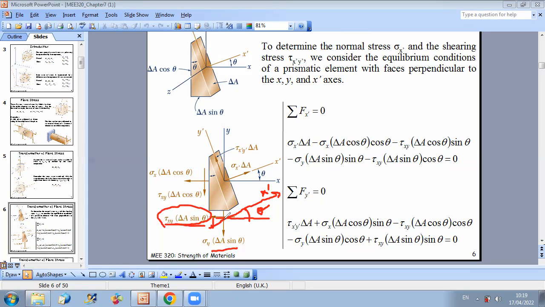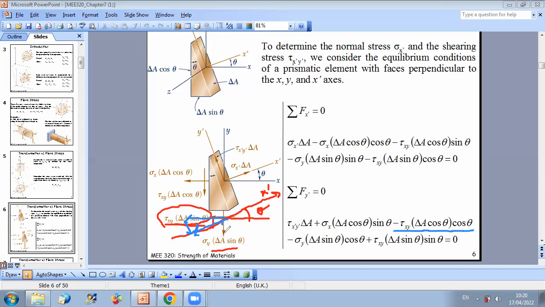And since the projection is in the negative direction, when you project on x prime, it's a negative projection. This is why you can see here minus tau xy delta A cosine theta times cosine theta.